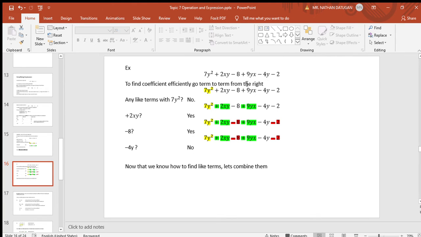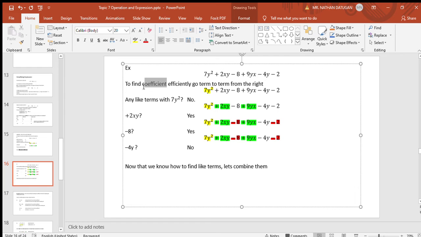So again, as an example, let's find the like terms in this expression: 7y cubed plus 2xy minus 8 plus 9yx minus 4y minus 2. So we're going to find the like terms, my bad, not coefficients, it's actually like terms.